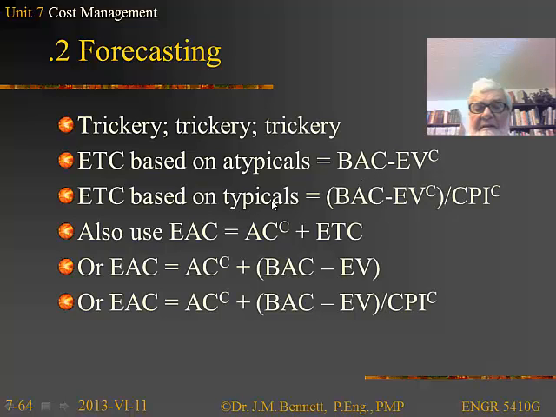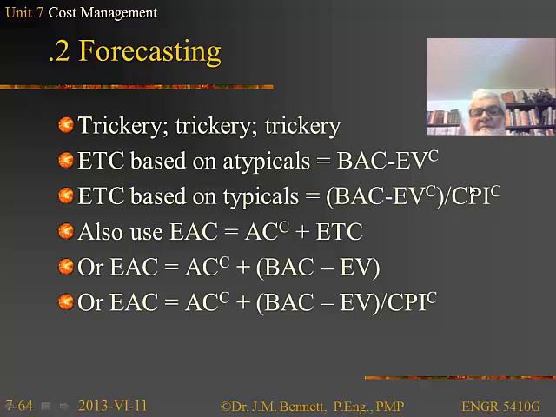But if we've got a typical situation here and not an atypical situation, that we're running according to Hoyle, according to our plan, then basically the budget at completion minus the earned value divided by the CPI, the cost performance index, gives us an estimate.